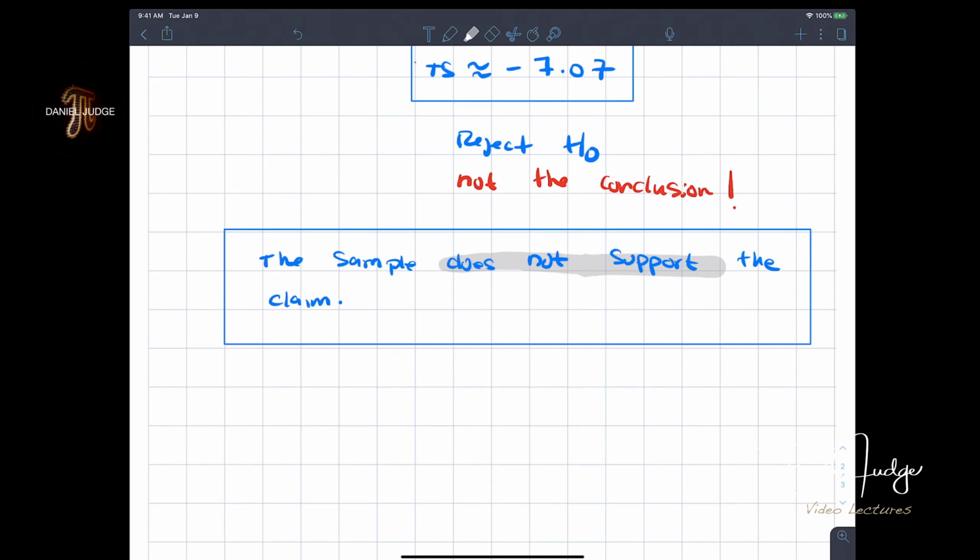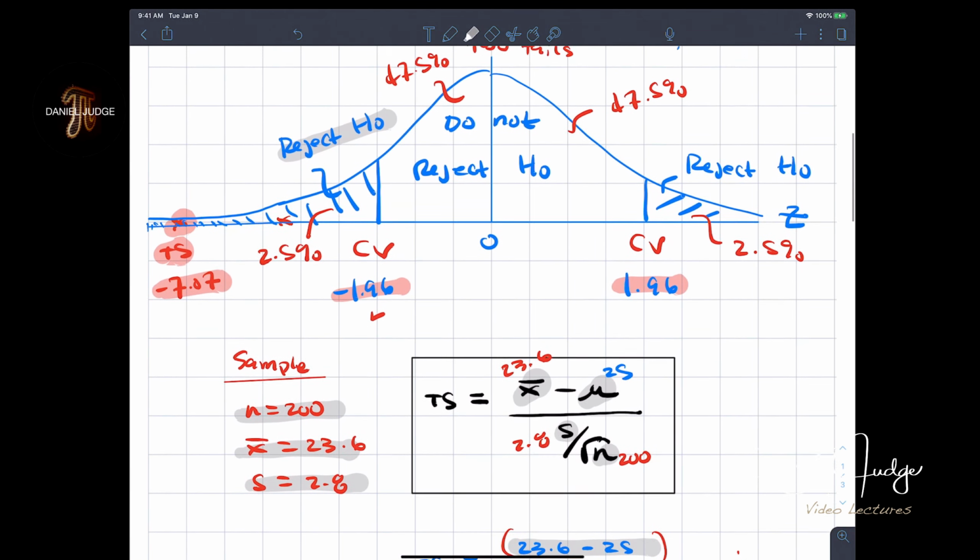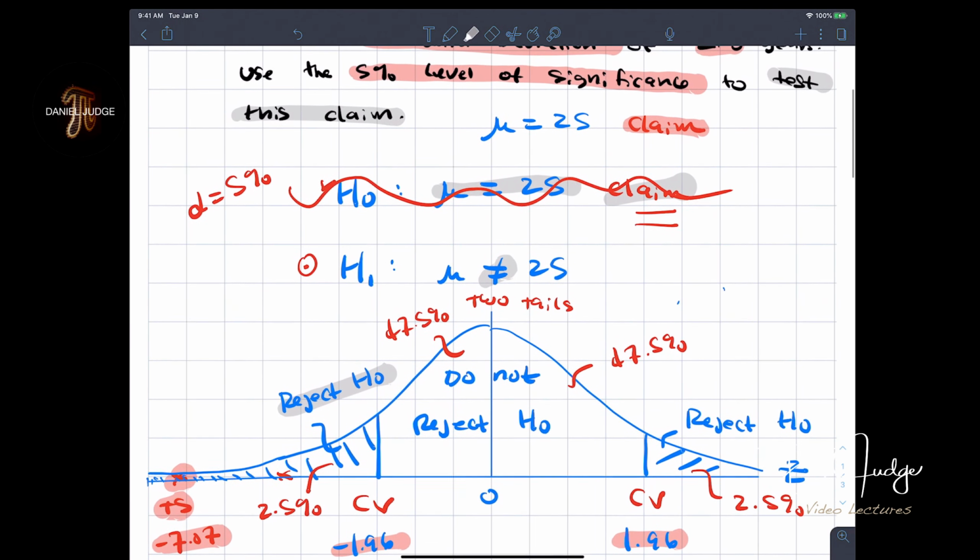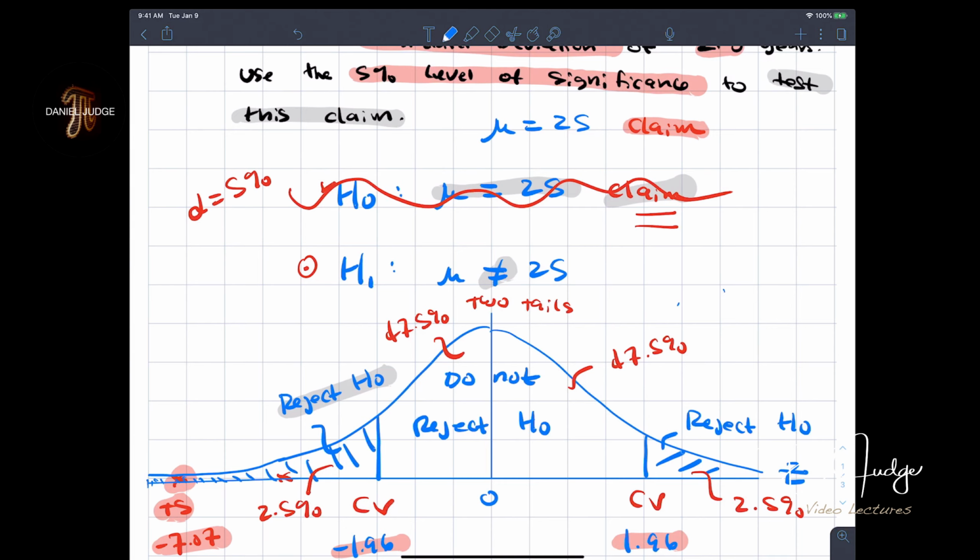You see, the test statistic is based on a sample. Based on the value, it says reject the null hypothesis. The null hypothesis just happened to be the claim. This is why you want to write that thing down. So when you reject that claim, what you say is the sample does not support the claim. What this sample really suggests is that the mean age is not 25.